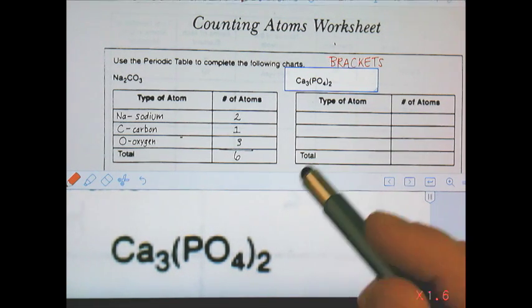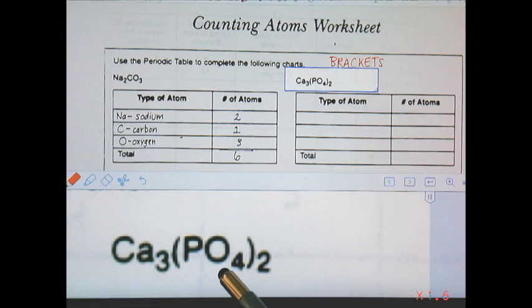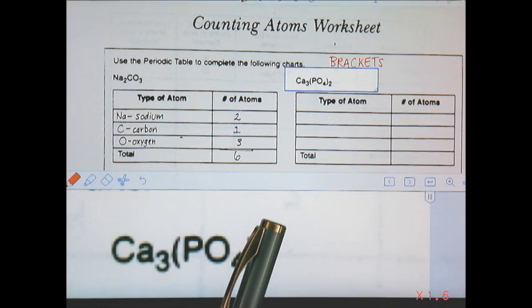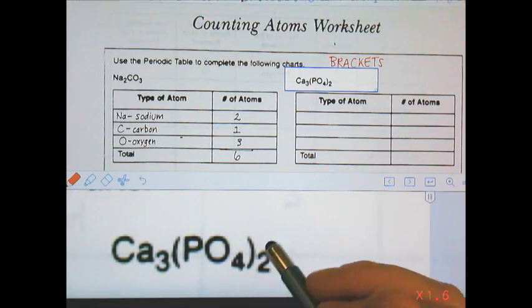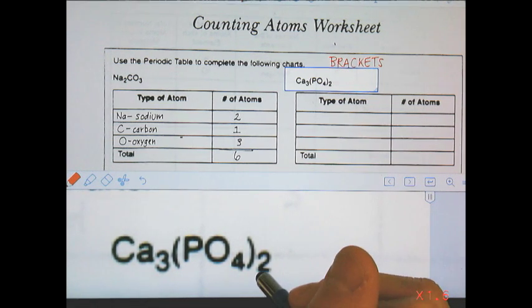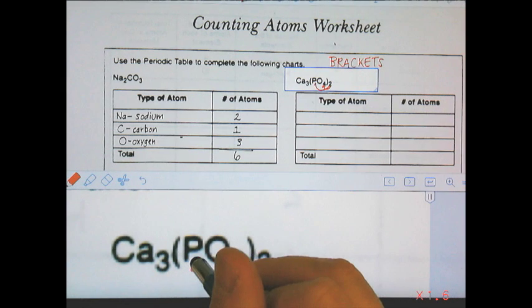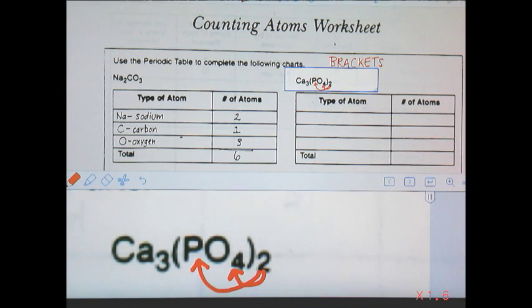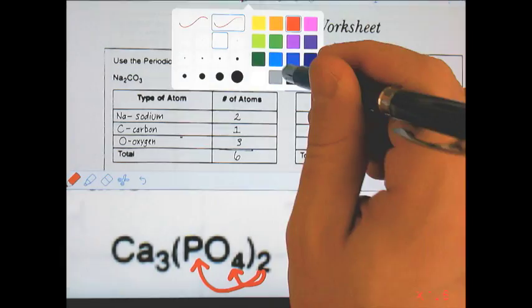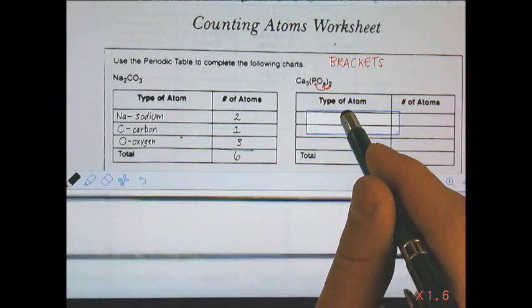We're going to apply the distributive property and multiply the subscript outside of the brackets by the subscripts of each of the elements inside the brackets. So we will be multiplying the number 2 outside the brackets by the number 4 associated with the oxygen and the invisible number 1 associated with the phosphorus. So let's get started in answering this question.